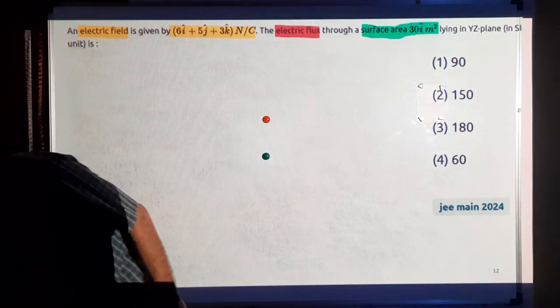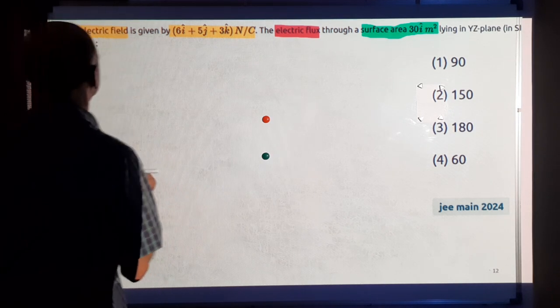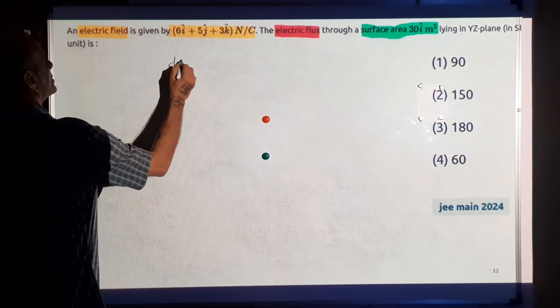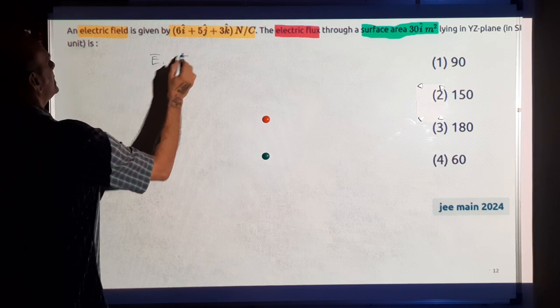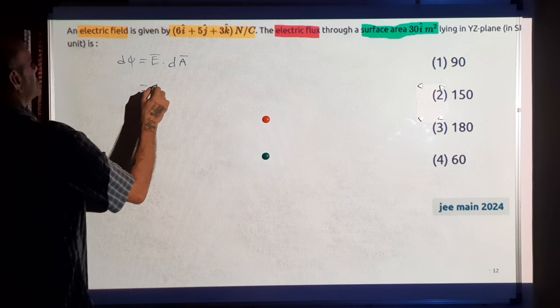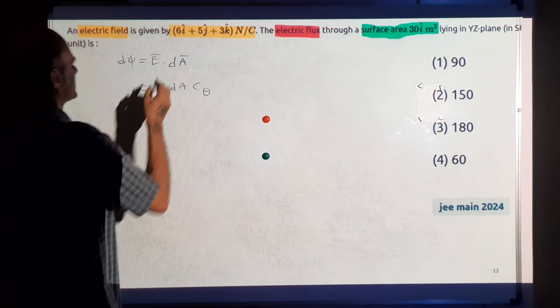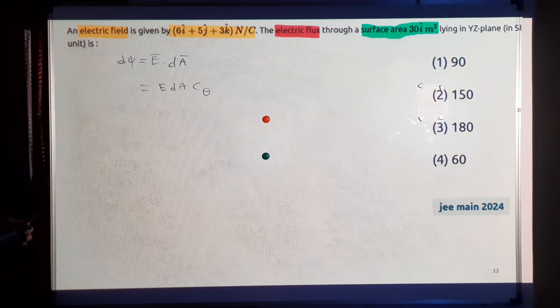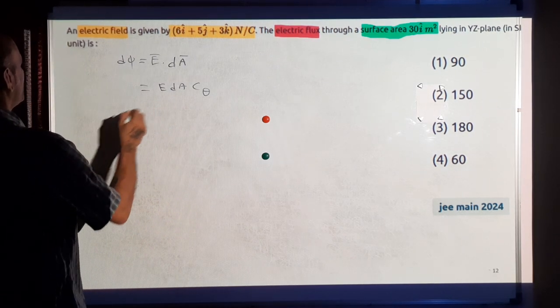So flux through a small surface, say dA, is E dot dA, and this small flux is d phi. So this is E into dA into cos of the angle between the two vectors E and dA. To get the total flux coming out of a finite area, you have to integrate this one.